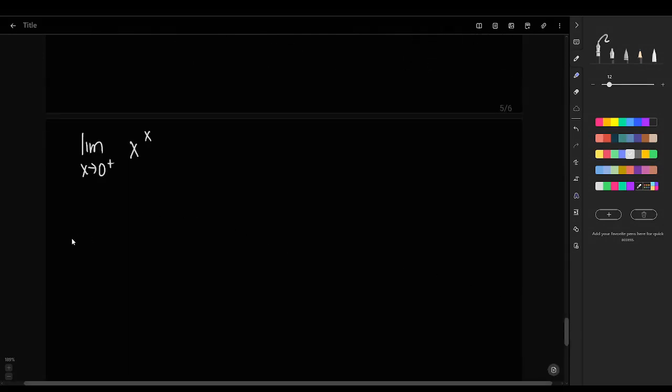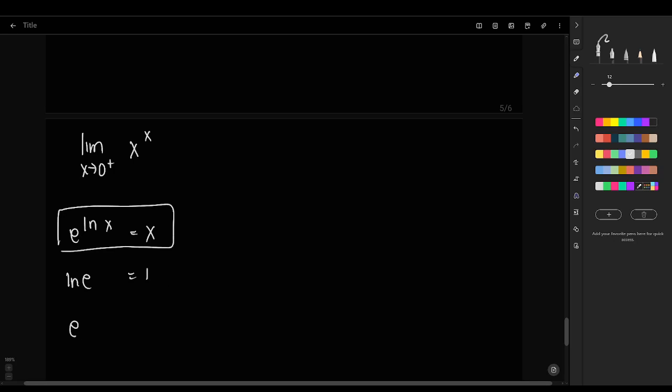Remember that e to the power of ln x is just equivalent to x, right? And ln of e is 1, right? So what we could use here is this kind of statement.